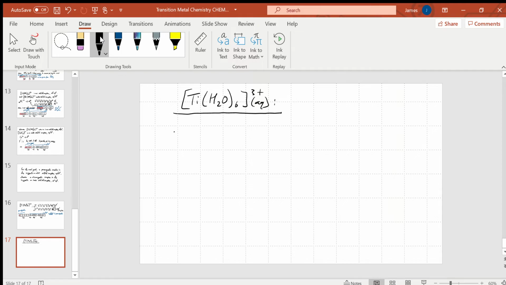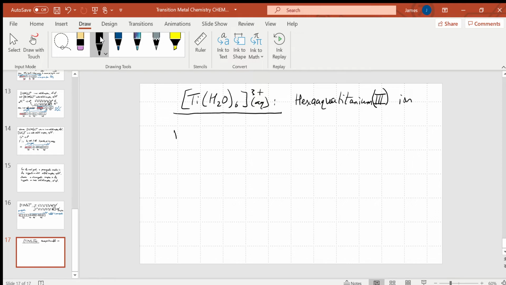We may as well name it. It's the hexa aqua titanium(3) ion. Hexa aqua, it's got 6 waters, and it's a titanium 3 coordination compound.